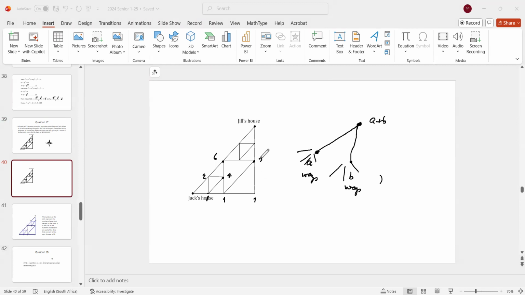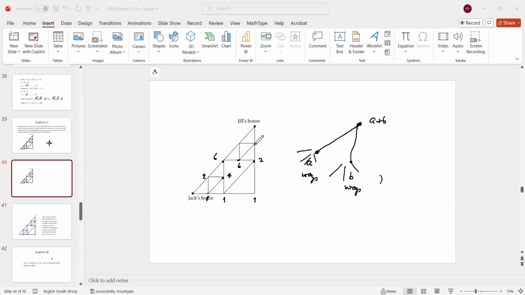So this is 2. To get to this, there's no road here. So the only way you can get to this is from here. So this is still 6 here.